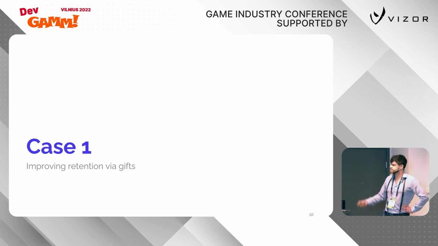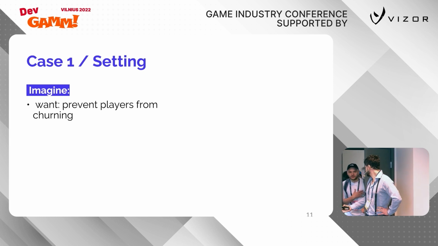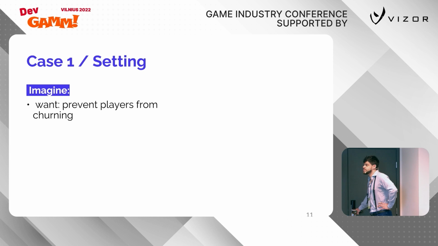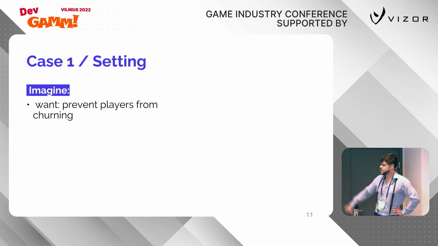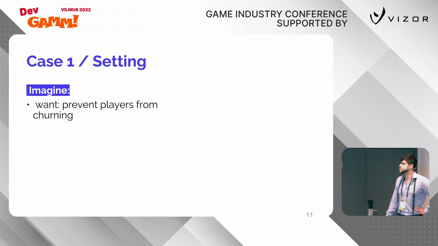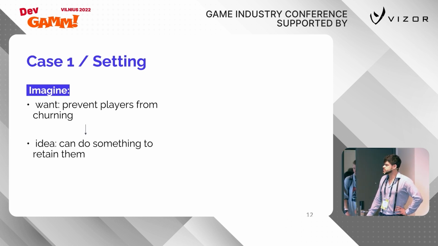Improving retention. Imagine we have a game, and we see that our new players are churning. Our players do not want to play our game for a long time for some reason, and we want to do something about it.